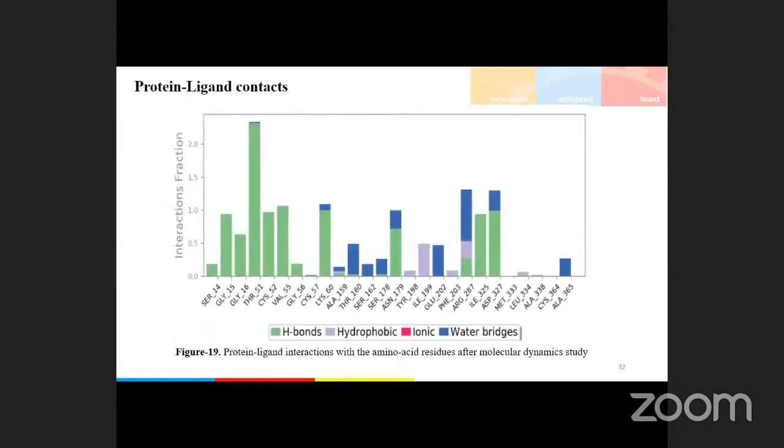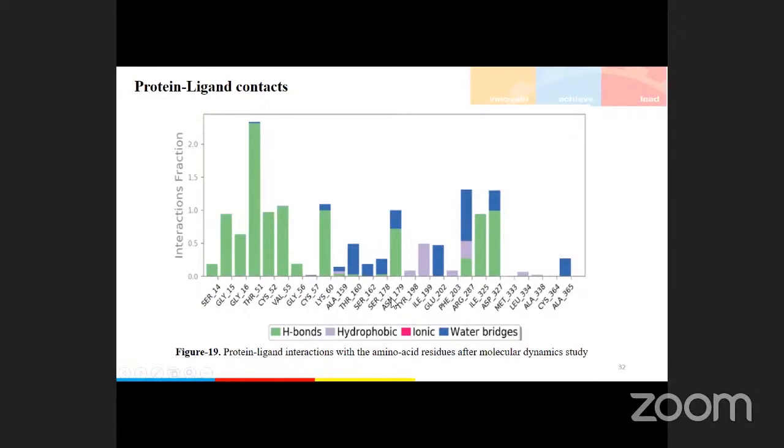Okay, so this is the protein ligand contacts. Contact, in the sense I told you, means your ligand receptor complex stability is enabled by various interactions. The majority, if you see, green indicates hydrogen bonds and blue indicates water bridges.